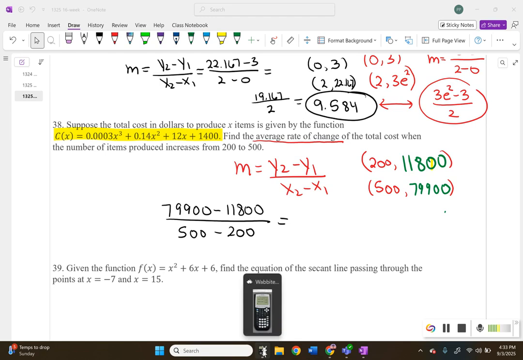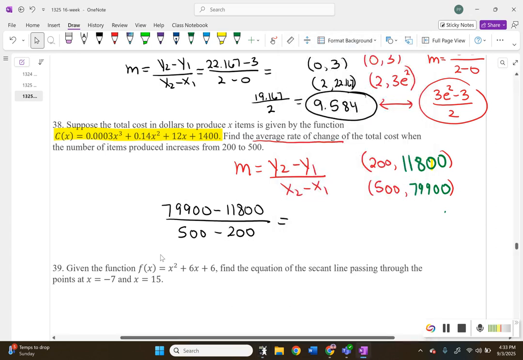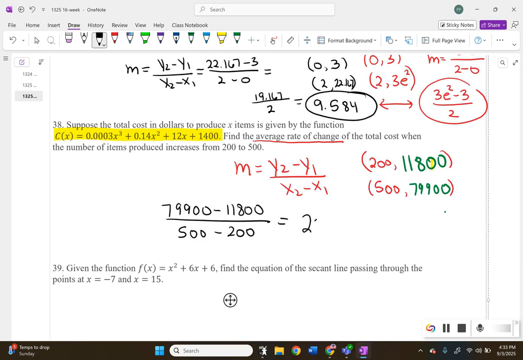So I'm going to have 79,900 minus 11,800. On top I have 68,100, and that's going to be divided by 500 minus 200, which is 300. And I get 227.